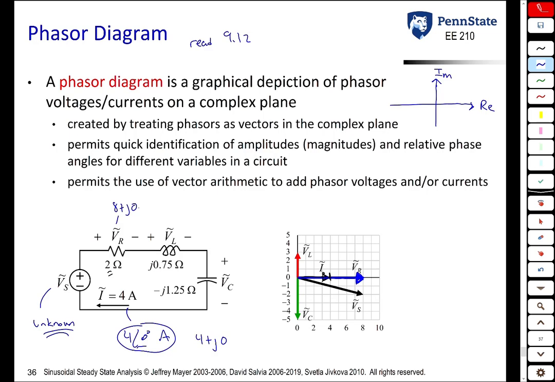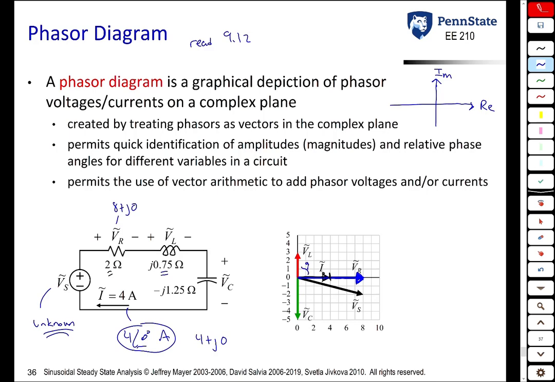How about the voltage across the inductor? We know that for an inductor, the voltage leads the current by 90 degrees, and we know because the impedance is 0.75 J, that its amplitude is going to be 3/4 of the current amplitude. So if the current had an amplitude of 4, the voltage across the inductor is going to have an amplitude of 3, and it's going to lead it by 90 degrees.